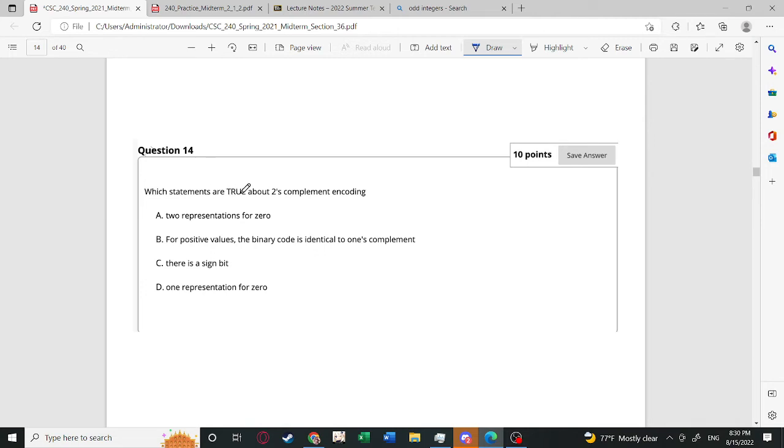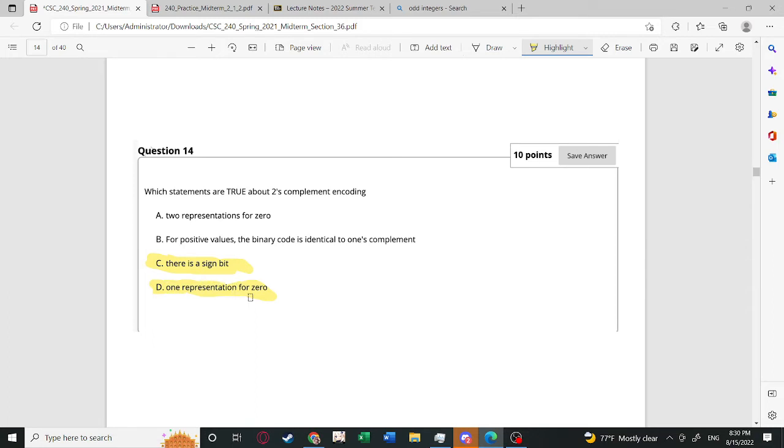Which three statements are true about 2's complement encoding? In 2's complement, there's of course a sign bit. There's one representation of 0, because you add 1 to it, so you move the 0 up 1.